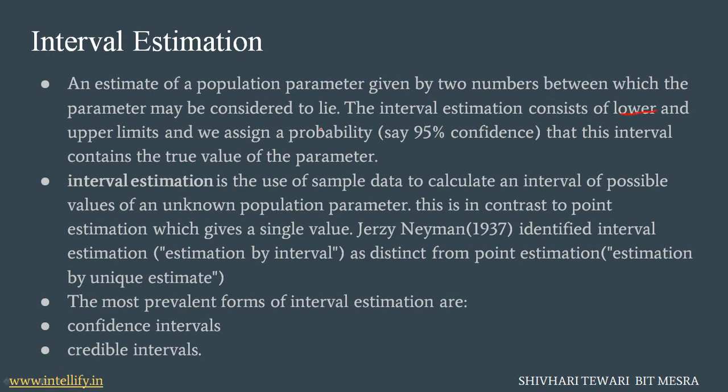Look, if we are talking about an interval, there are two limits, that means a lower limit and an upper limit, and then we assign a probability that this interval contains the true value of the parameter. That means the population parameter is given by two numbers between which the parameter may be considered to lie.